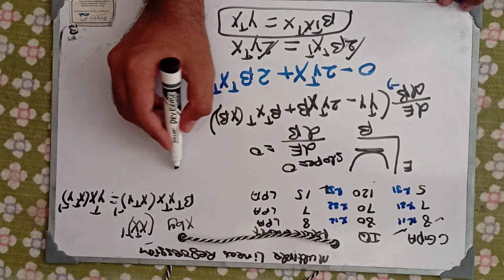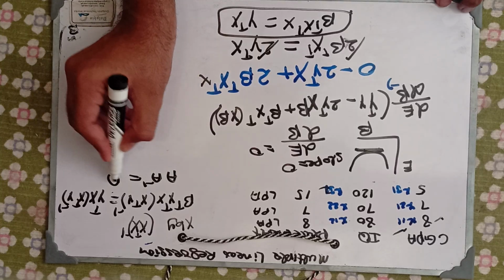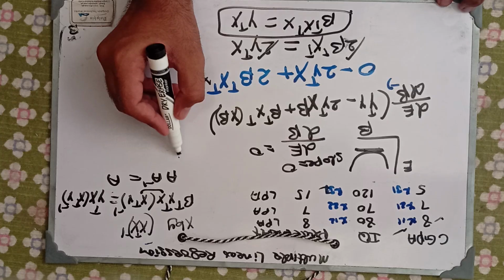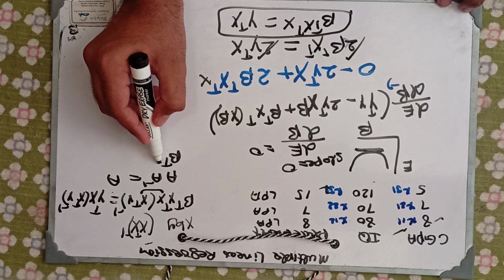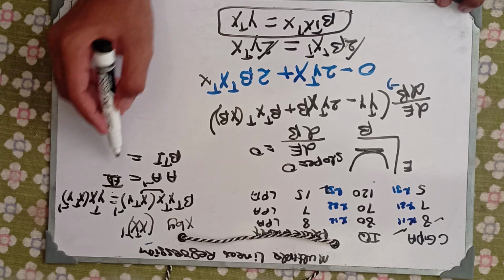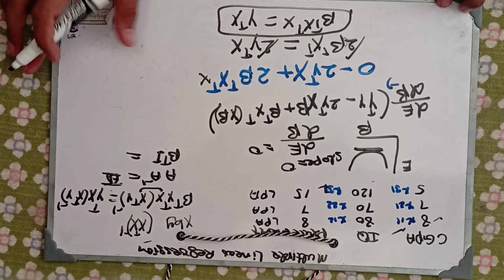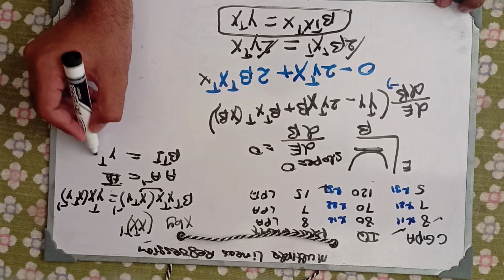If you remember, A A inverse gives an identity matrix, so this thing will become an identity matrix.